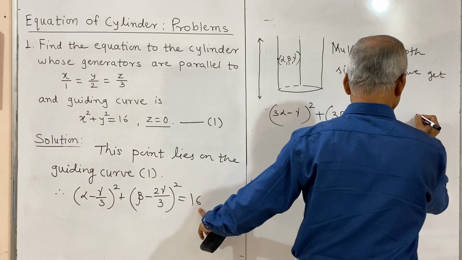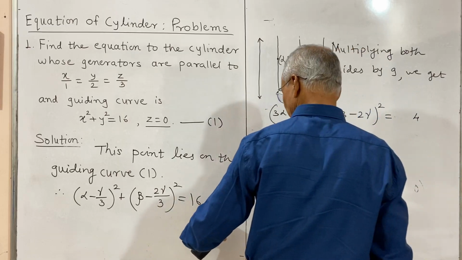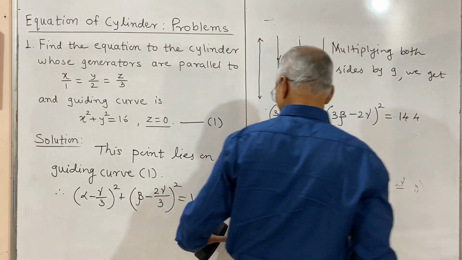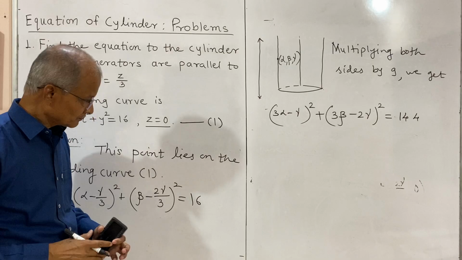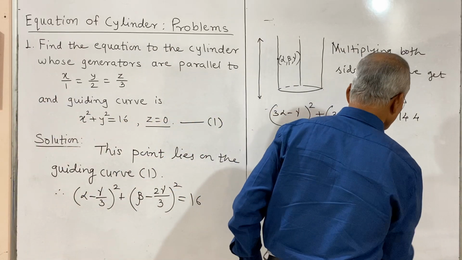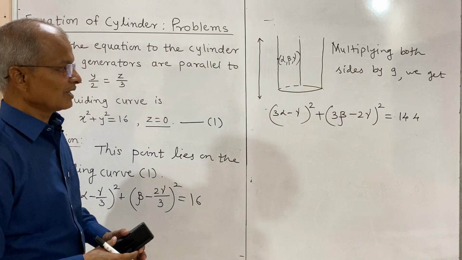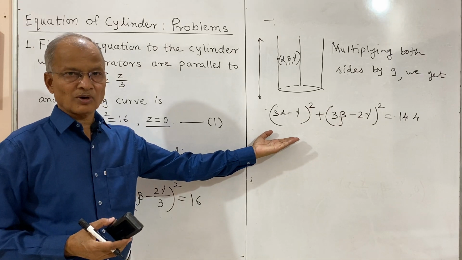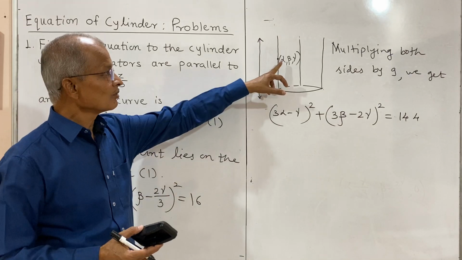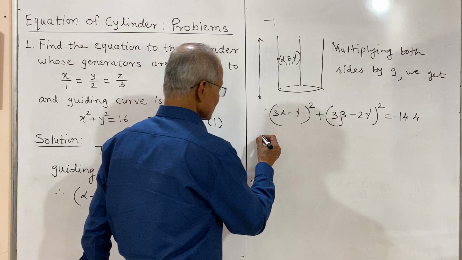So this gives 144. Check it. And now actually this is the condition for the point alpha, beta, gamma to lie on the cylinder.